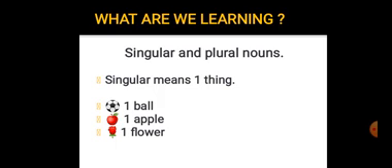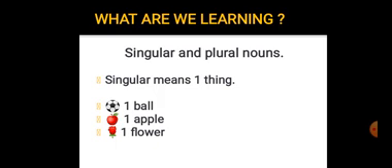We have some pictures on the screen that also show singular nouns. One ball, one apple, one flower. Also, we learned about articles a and an just some weeks ago. I want to also let you know that if I don't want to say one, I can also say a. It means one. Even an means one.